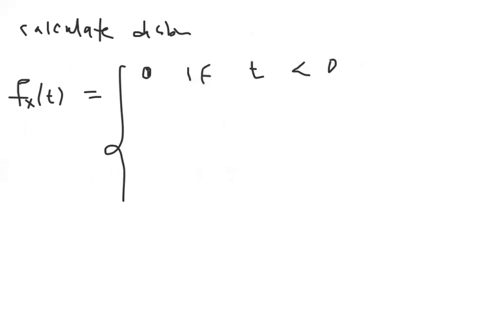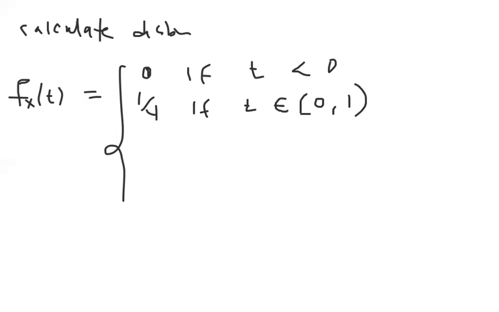And the next one, let's say it is equal to 1 over 4 if t belongs to 0 with 1 not inclusive, the same as 0 is less than or equal to t and t is less than 1. That's what it means, so that means you have only 0.